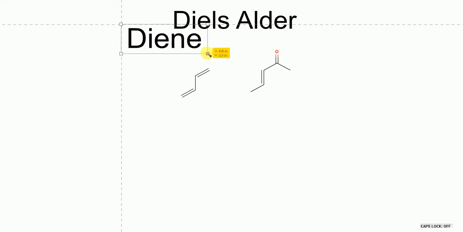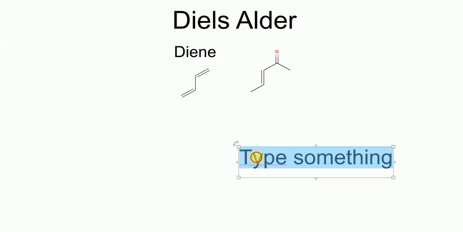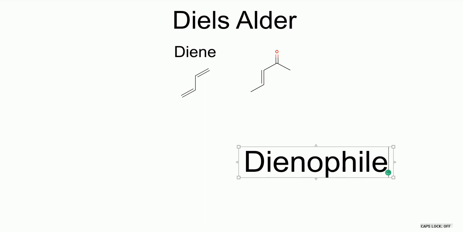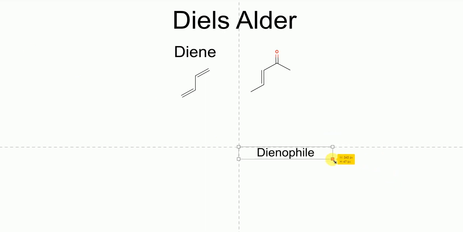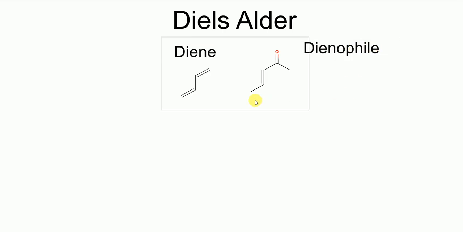Each one is unique. So what we have over here is what we call the diene, and then what we have over here is the dienophile. Okay, so I have the diene and I have the dienophile. The diene is characterized by, it has to have at least two conjugated double bonds.